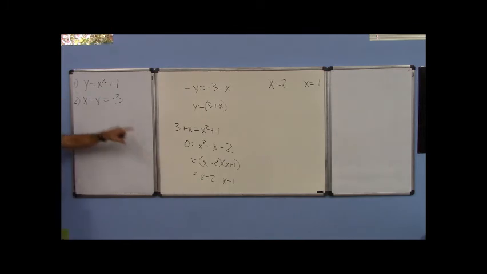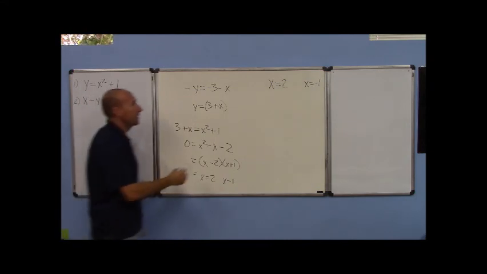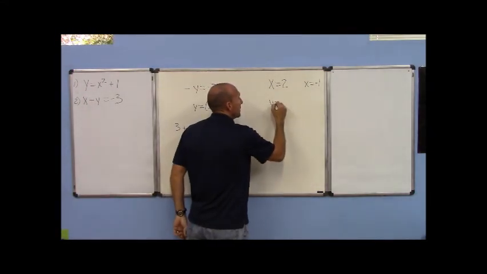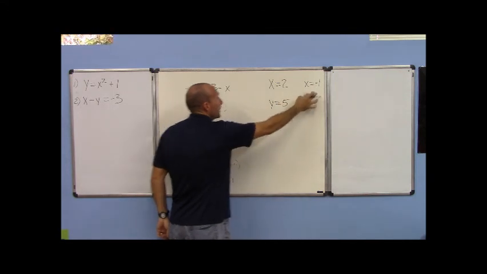Again, the 2, and we can go ahead and plug it in here because this one's actually really easy. Because y equals 2 squared plus 1, which equals what? What's 2 squared? 17. No, it's not 17. 4, right? Plus 1 is 5, so y equals 5 on this one. What about this one, negative 1?